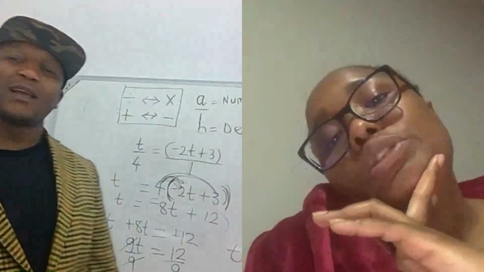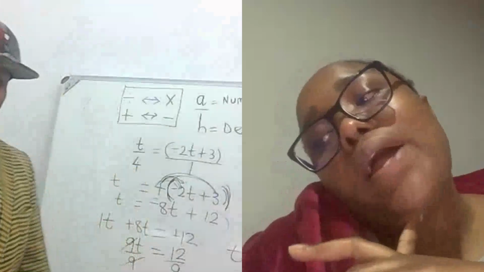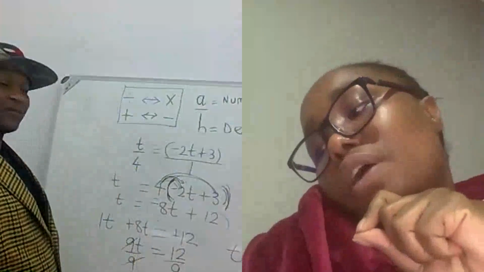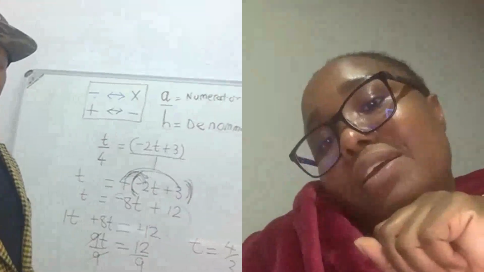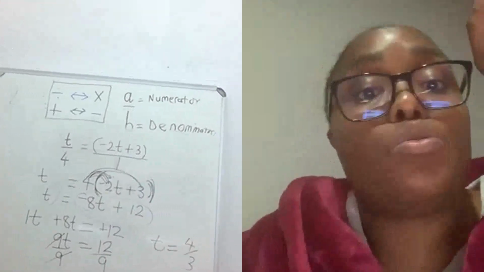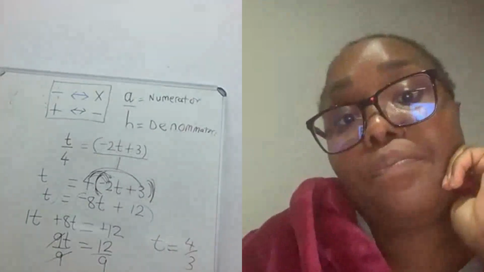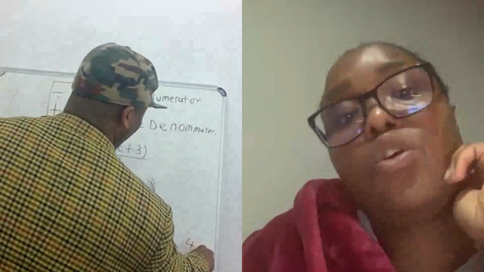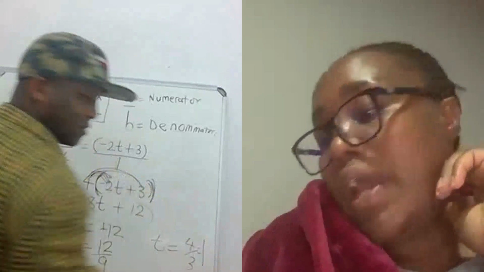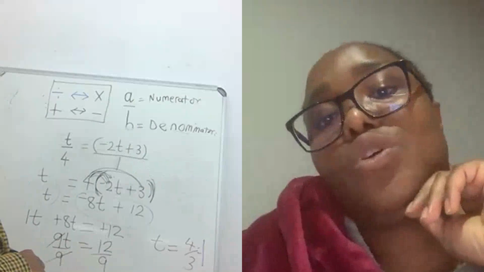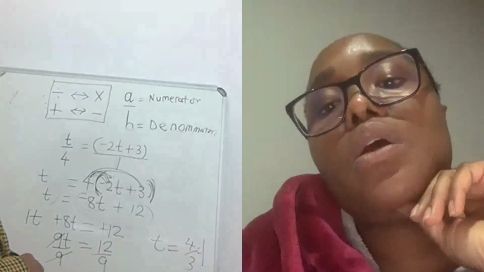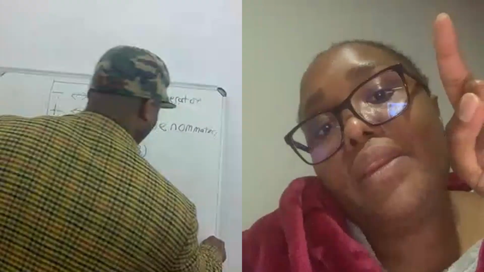How are we going to do it? 3 goes into 4 one time, and we are left with 1. So it's going to be 1 and 1 over 3.